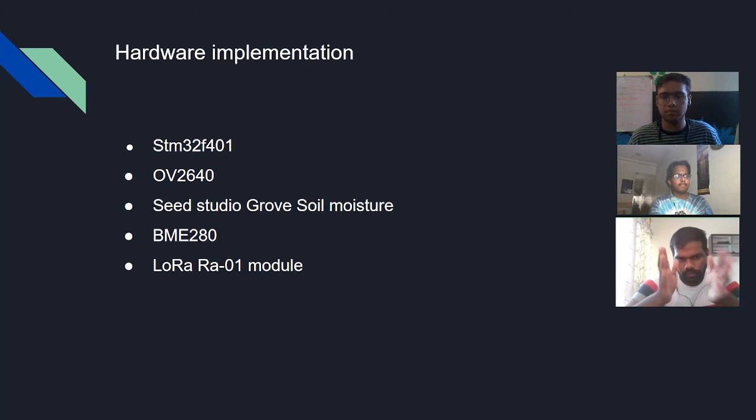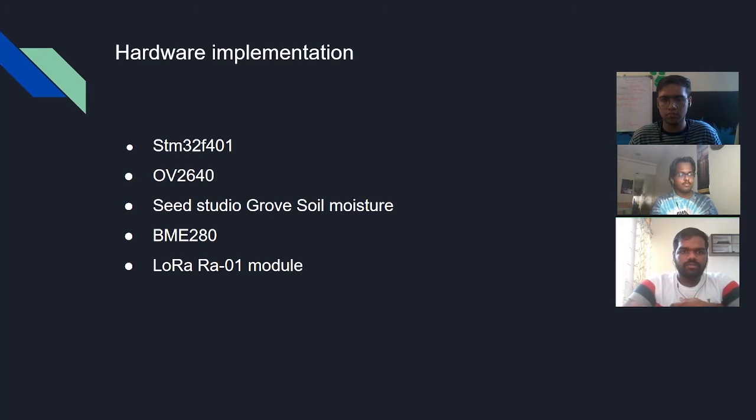And obviously this data needs to go from a point which is very far away to the station where it has network availability, and finally to the database where it can be processed more efficiently. And we need a microcontroller to calculate a few smaller things and send this data to the local server or the global server. So in this we plan on using the STM32F401, which is a microcontroller that uses ARM Cortex M4 and has a clock speed of 84 megahertz.